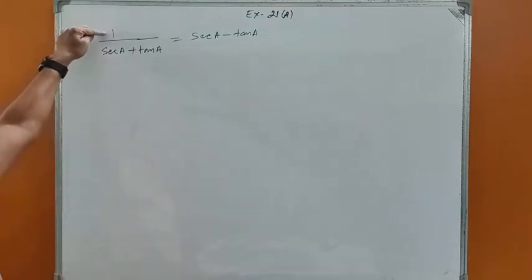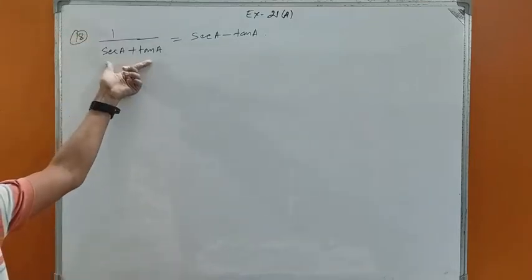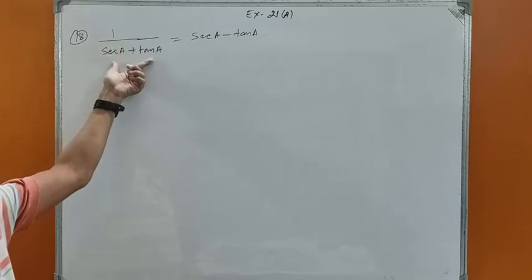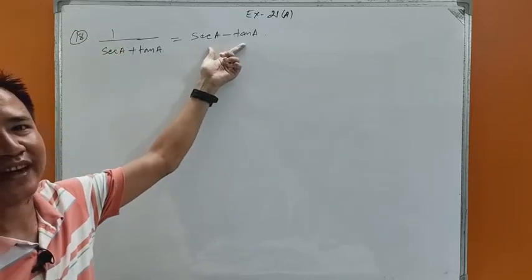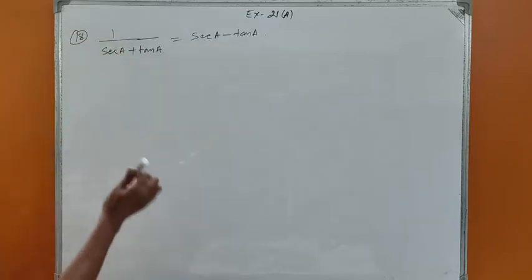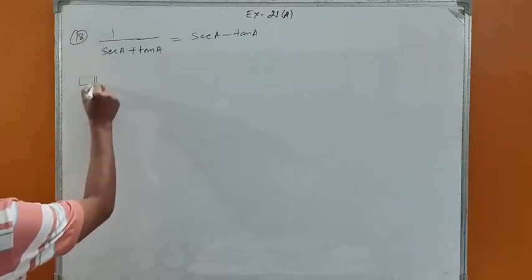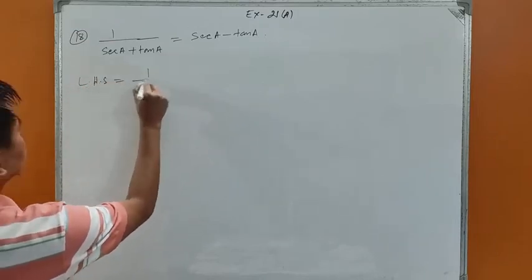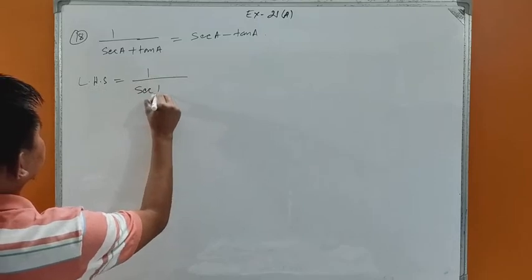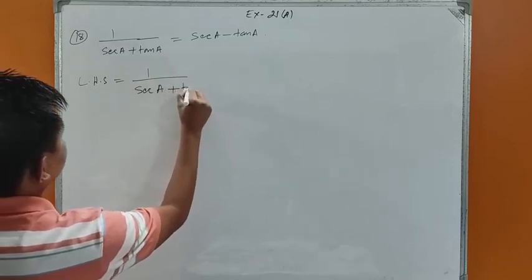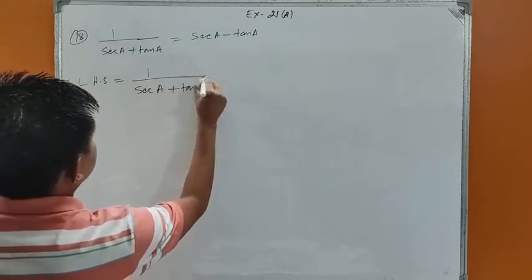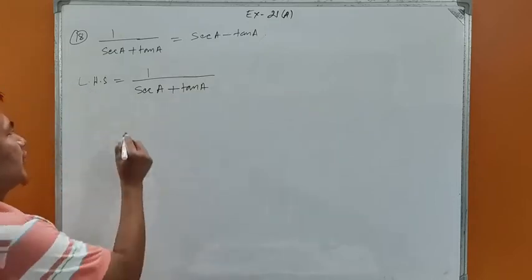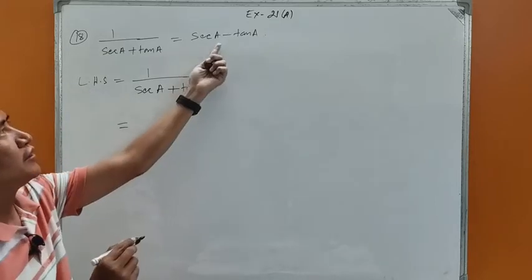We have 1 upon sec A plus tan A on the left hand side, and we are asked to prove this equals sec A minus tan A on the right hand side, isn't it? So left hand side equals 1 upon sec A plus tan A. This is the left hand side, and we are going to use this and prove this.